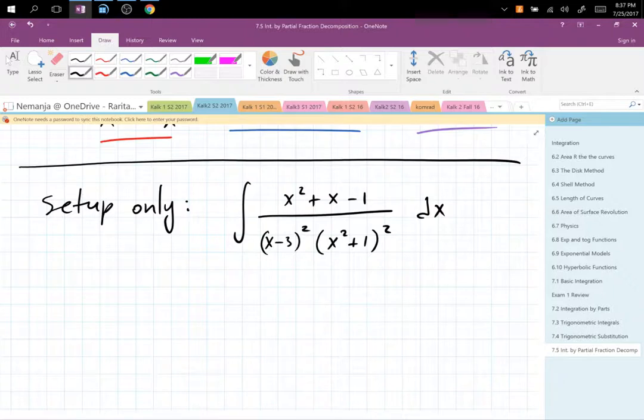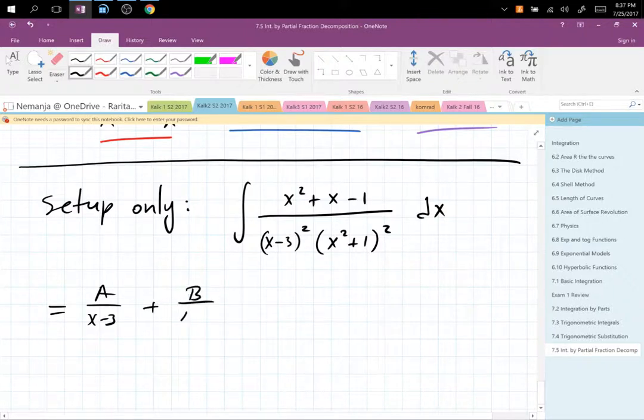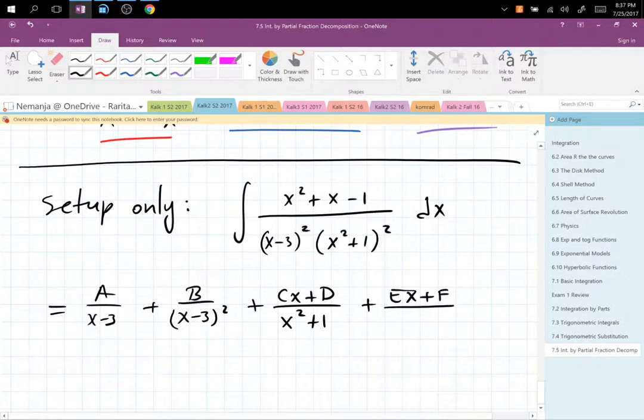So what is the setup? What should I write? So I know that some of you had questions about these setups.